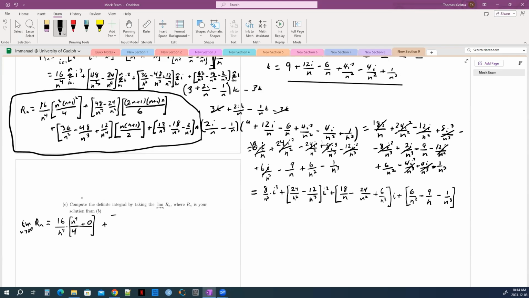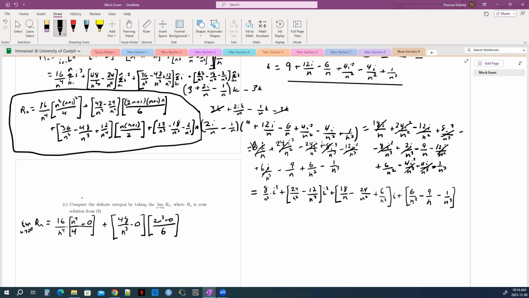Plus, and now here what we're going to get is 48 over n cubed minus 0 times 2n cubed plus 0 over 6 for our second term, because all the other terms are going to die.